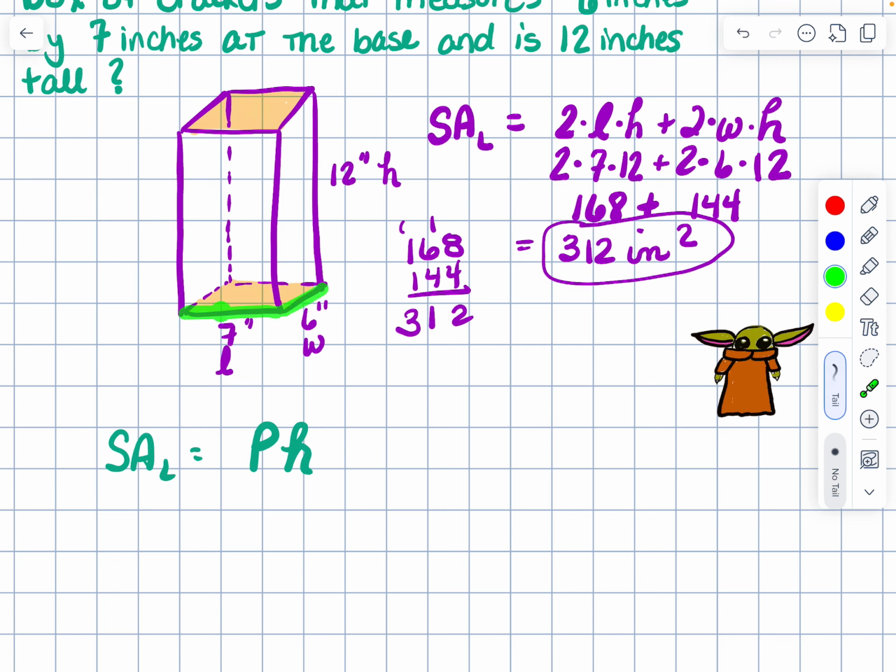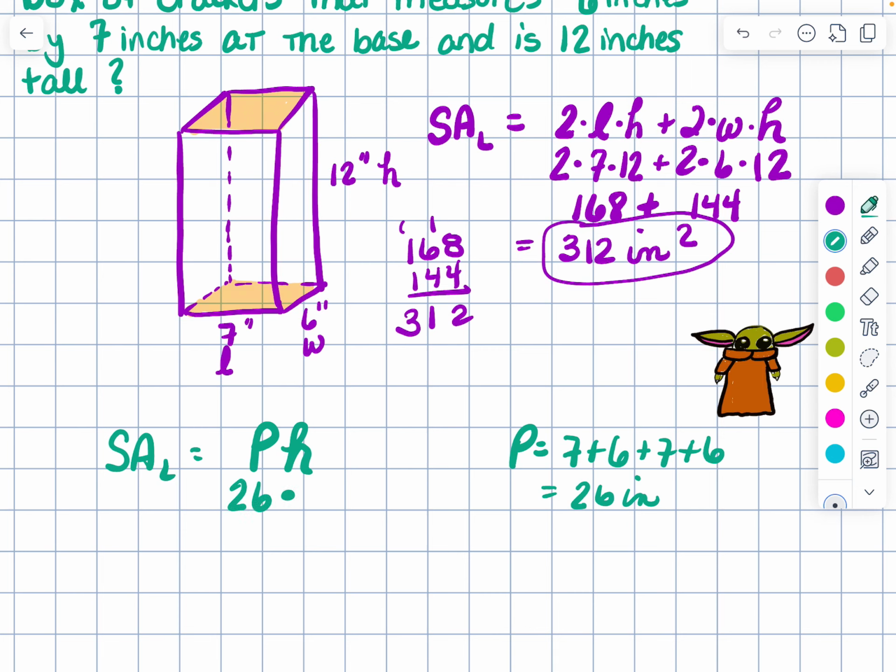So the perimeter is 7 plus 6 plus 7 plus 6. Okay, so let's figure that out first. 7 plus 6 plus 7 plus 6. And 7 and 6 is 13, and 13 is 26. That's our perimeter. That's 26 inches. So this is 26 times our height, which is 12 inches.